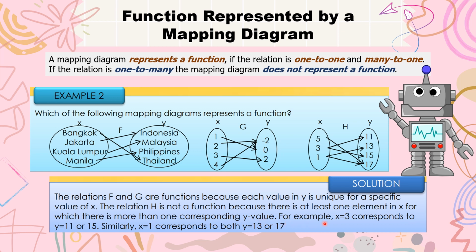For example, yun nga, yung 3 natin dito, na-pair siya sa 11 at na-pair siya sa 15. And so with 1, it is paired with 13 and 17.